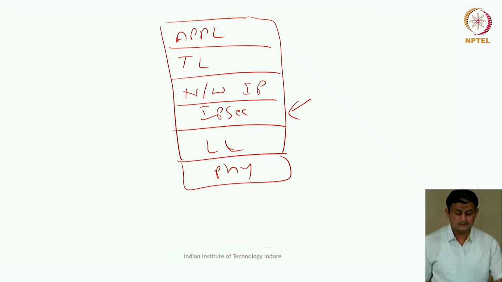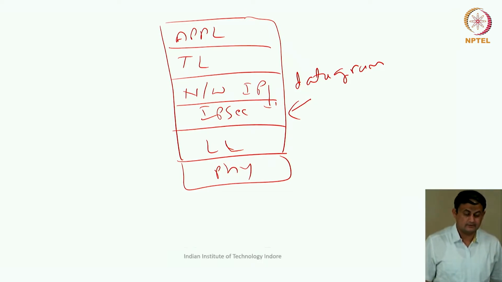What exactly it implies is, it takes the IP packet or the IP datagram, which is the technical name for the unit at the network layer. So it takes an IP datagram, does some additions or modifications to that particular datagram, and then transmits it over the network.